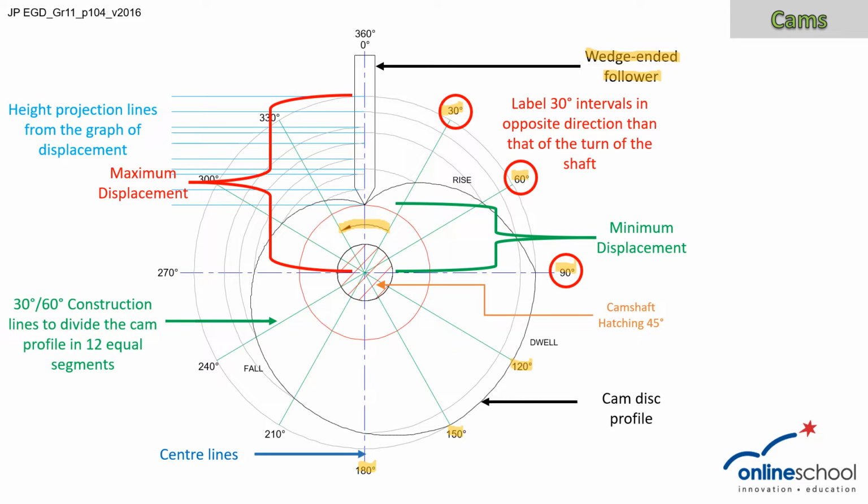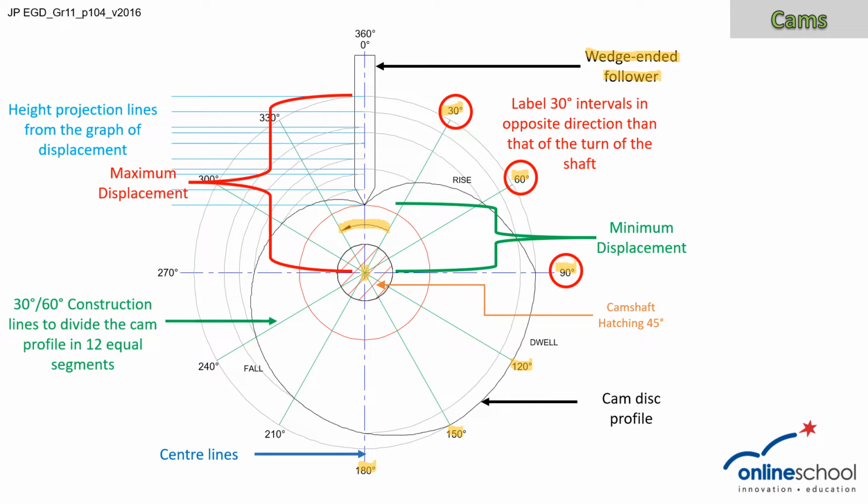So this is very important that we have gone through the center of our camshaft and drawn those 30 and 60 degree construction lines right through the center to divide the full 360 degrees into intervals of 30 degrees, which will give us 12 equal segments.